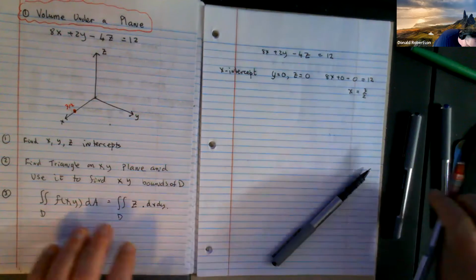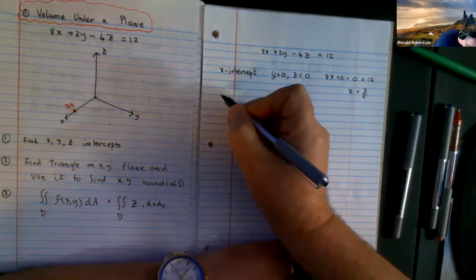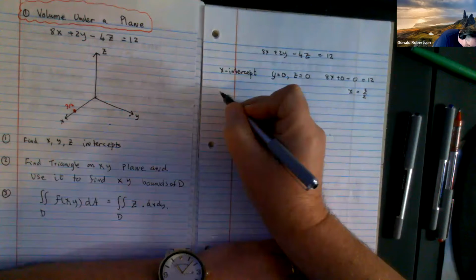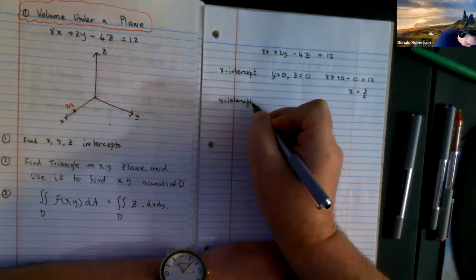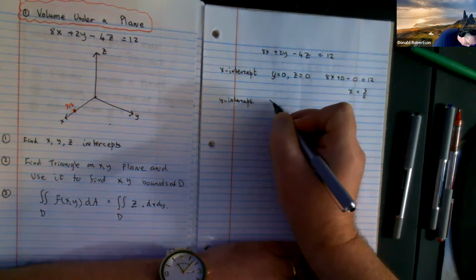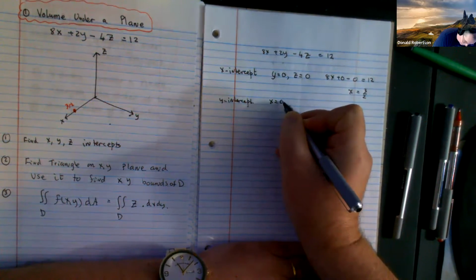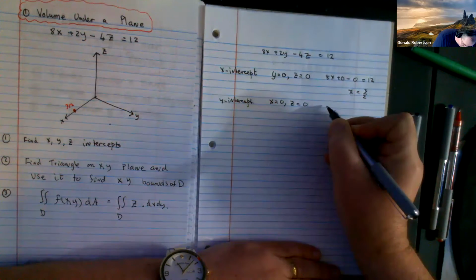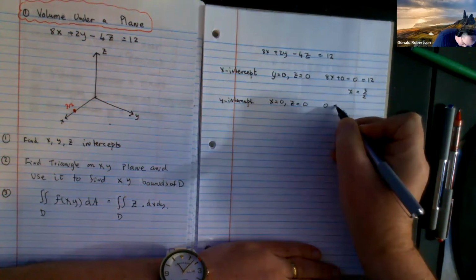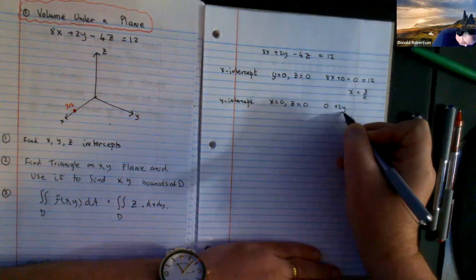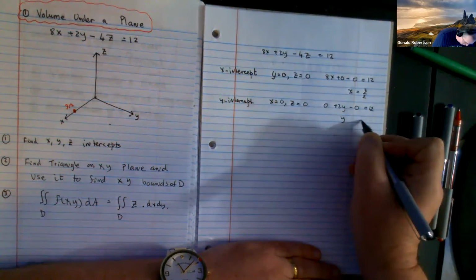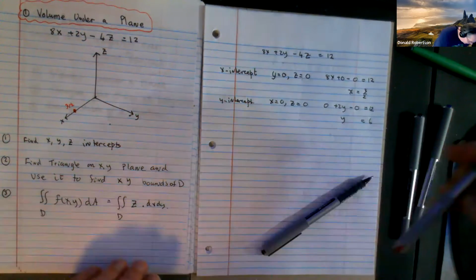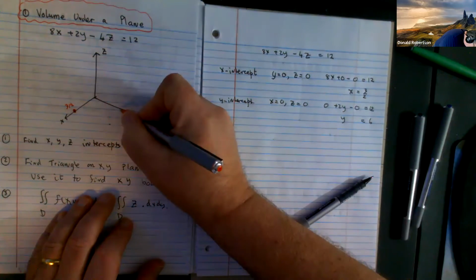Now, if you want to get the y-intercept, you make the x 0 and you make z 0. In this case, you get 0 plus 2y, take away 0 is 12, and you get y equals 6. We'll pretend that scale doesn't matter, and that can be 6.